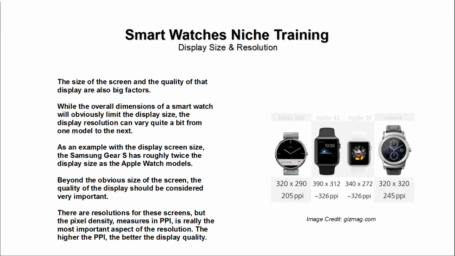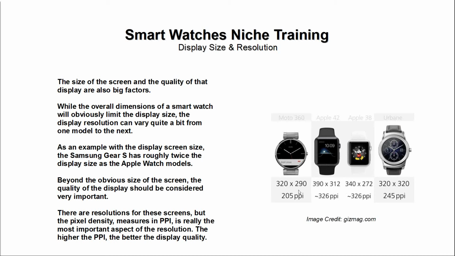You have resolutions. These would be two numbers separated by an X, something that you're probably used to seeing with a television, or smartphones do this as well. Computer monitors, they all have resolutions in pixels. A number of pixels tall by a number of pixels wide. This gives you the screen resolution of the actual display.